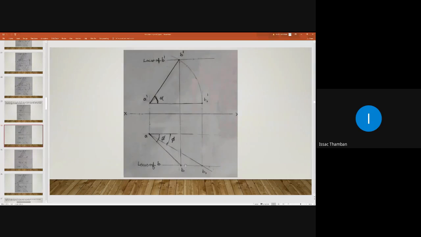End B will move along the locus plane. This is our locus plane, and ultimately it is reaching here. And by drawing a vertical projector, you can locate the exact location of B1. So this is B1. You can join AB1 line.